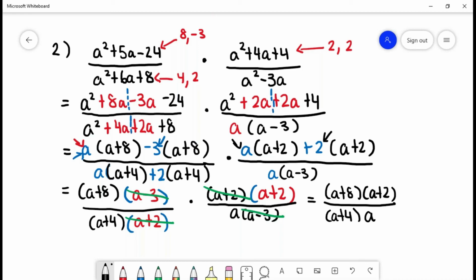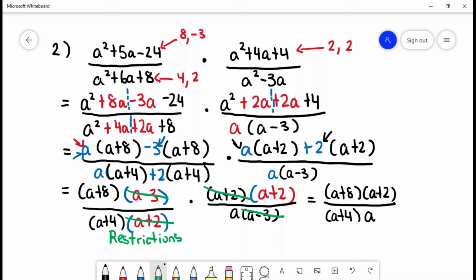And as you know from our previous problem, we have one more final step to do, which is to figure out our restrictions. We know that restrictions are values which would make the denominator 0, because if the denominator is 0, it would be undefined. So we're trying to find values which would make the denominator 0. In order to do this, we have to equate each bracket in the denominator to 0.